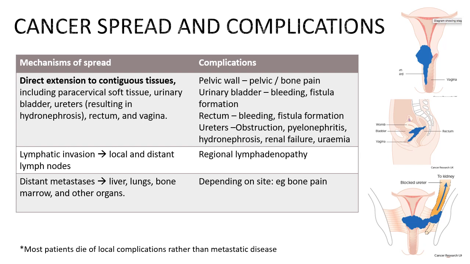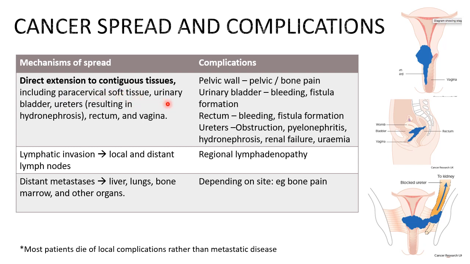Okay, so straight into the clinical manifestations, cancer spread and complications of cervical carcinoma. So cervical carcinoma obviously begins at the transformation zone, as I've mentioned. So it can go up, it can go down, it can go sideways. Via direct extension, it can extend into any of the contiguous tissues. And these include paracervical soft tissue.